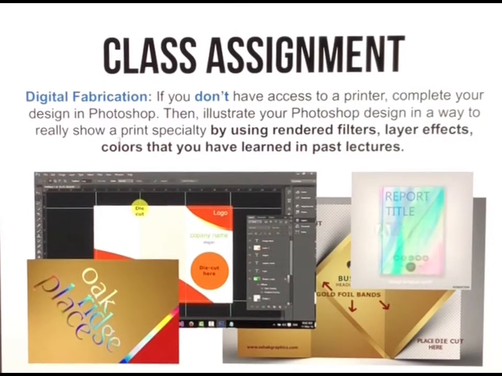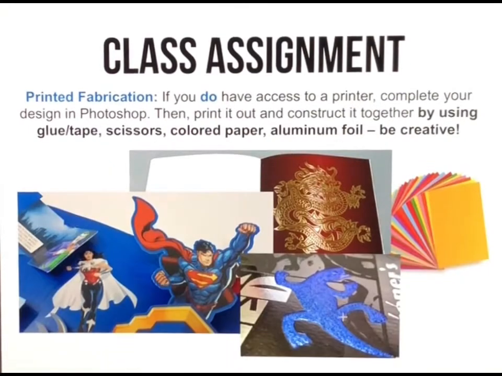And you're going to do that using rendered filters, layer effects, things that you've already learned about in your past lectures and labs. And you're going to make your brochure look real polished and neat, and have these specialty print looks. All right. If you do have a printer, then what I would like for you to do is print out both of your sides, your outside and your inside files, and then you're going to literally paste them together, put them together, fabricate them.